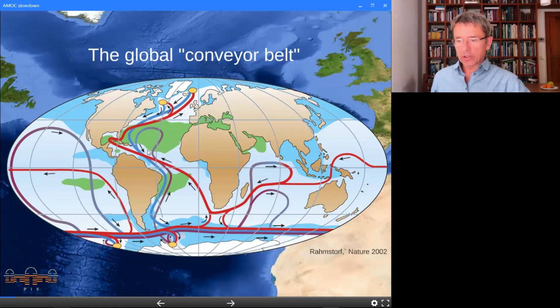This obviously works like a central heating system, with warm water moving towards the Northern Atlantic and cold water moving back out, and a lot of heat is left behind and given off at the surface to the atmosphere. That is the reason why this region in the Northern Atlantic, especially downwind on the European side, is warmer than, for example, the North Pacific, which does not have such an overturning circulation.